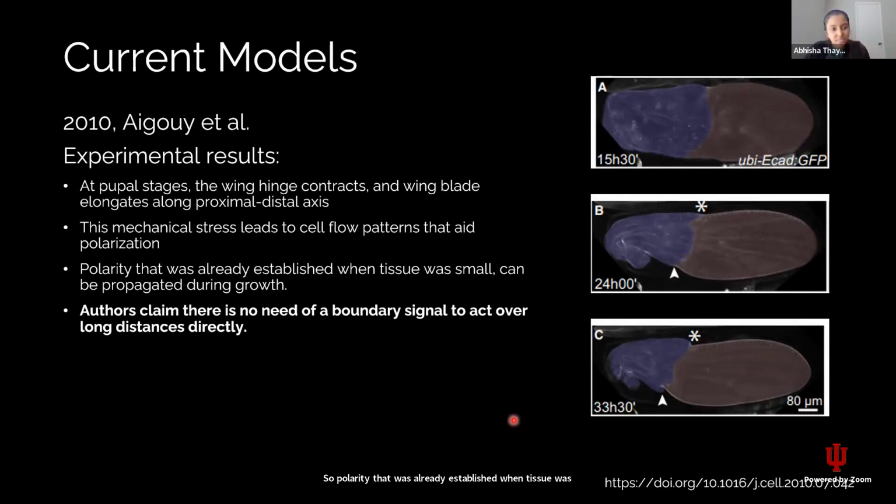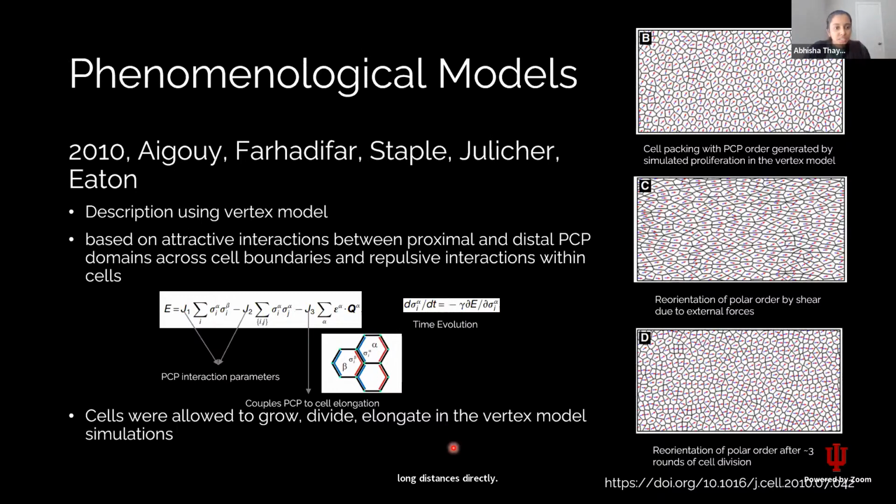So the authors claim that there is no need for a boundary signal to act over long distances directly. Based on these experimental results, they tried to describe this using a vertex model based on attractive interactions between proximal and distal PCP domains across cell boundaries and repulsive interactions within cells.